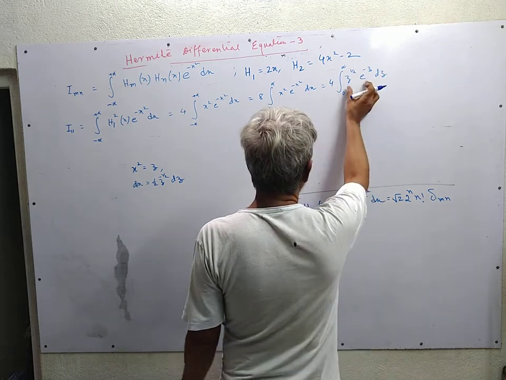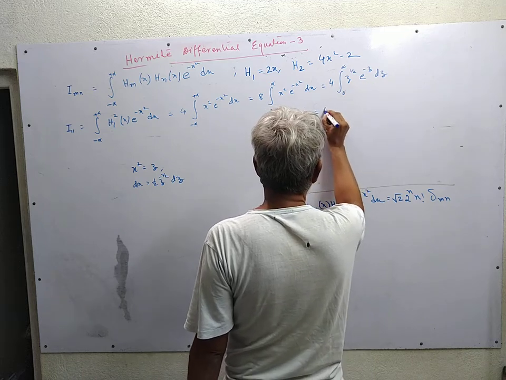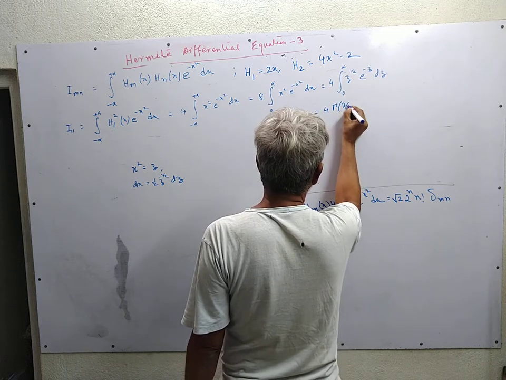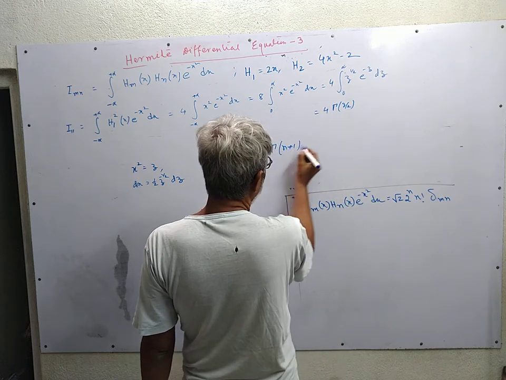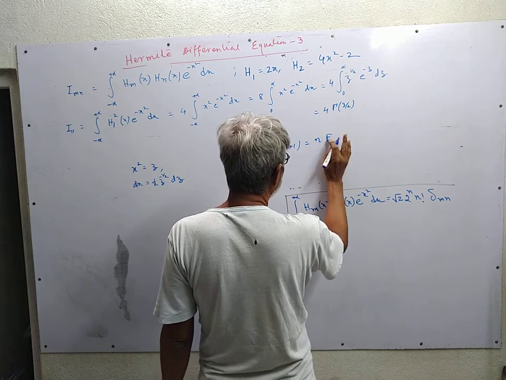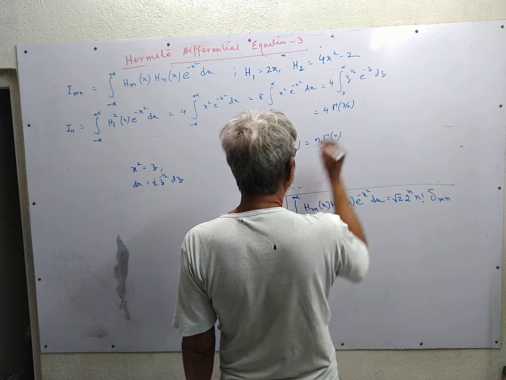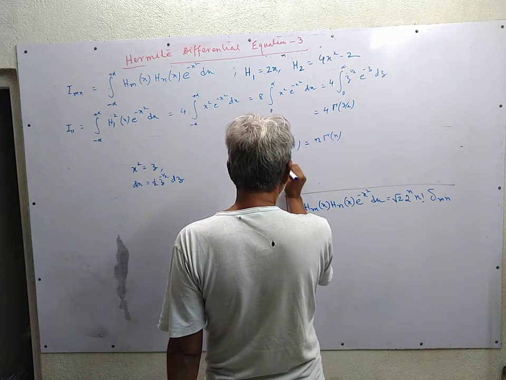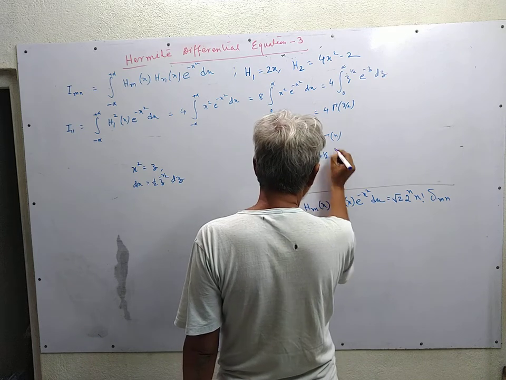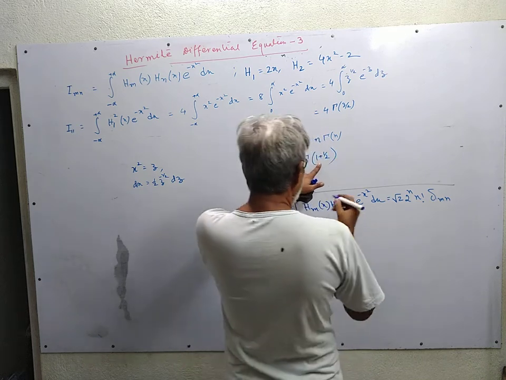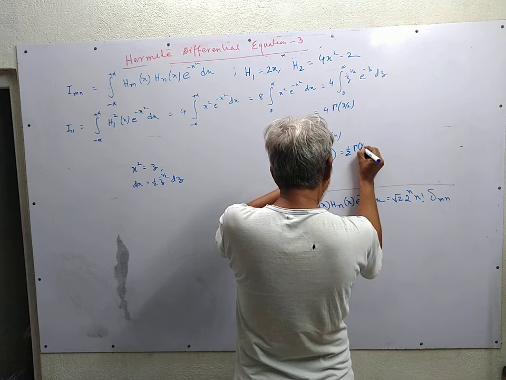This is gamma of 3 by 2, so 4 times gamma of 3 by 2. We know that gamma of n plus 1 is equal to n times gamma n. Here we write gamma of 3 by 2 is equal to gamma of 1 plus half, so this is half times gamma of half.